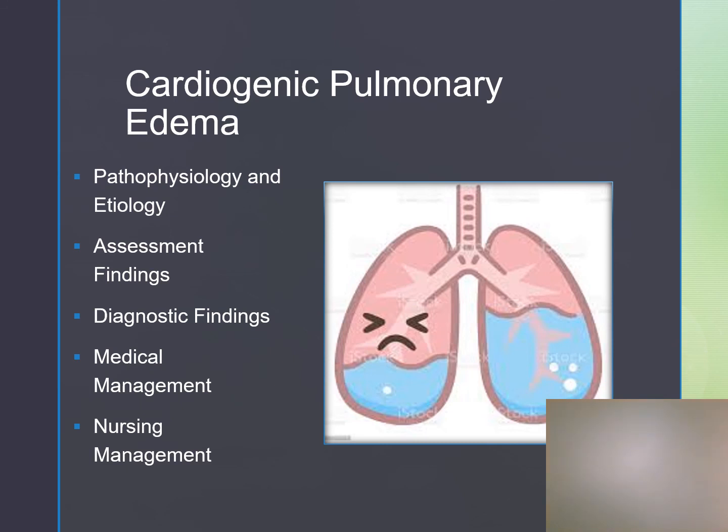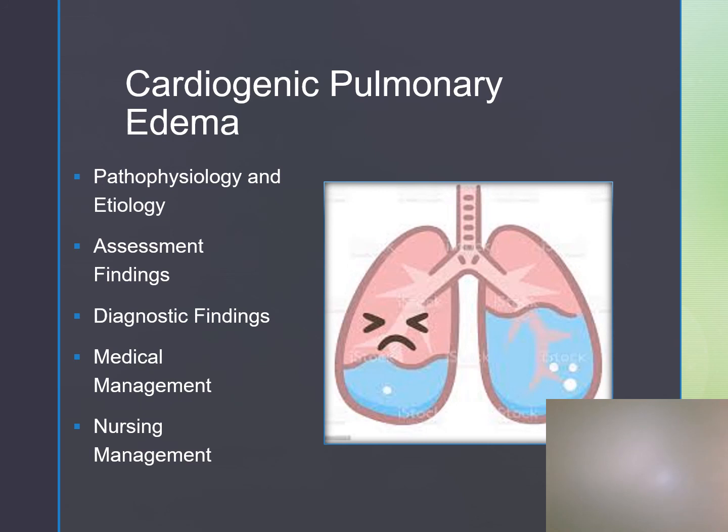Diagnostic findings would be chest x-rays that might show pulmonary infiltration, ABGs that might indicate hypoxemia or hypercapnia, and a pH that's below 3.5. We manage it with supplemental oxygen or even mechanical ventilation.